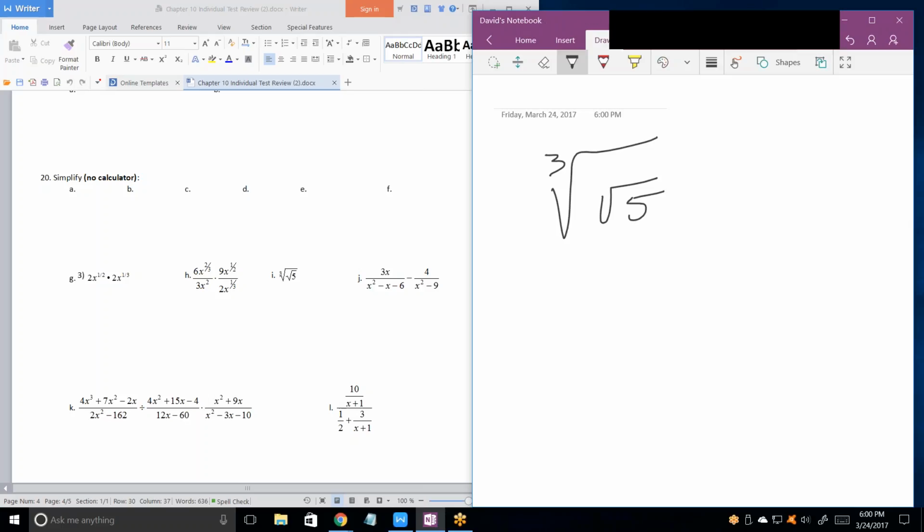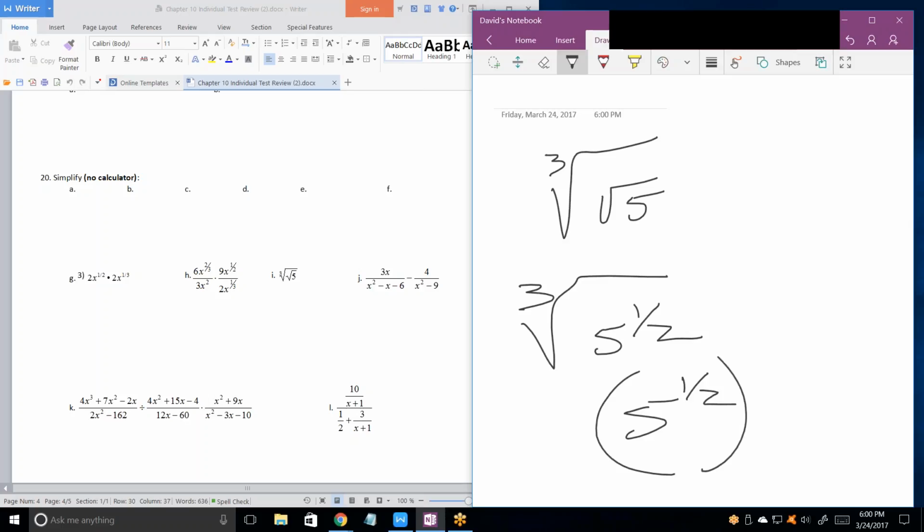In other words, square root of 5 is 5 to the 1/2. And then the cube root of 5 to the 1/2 is 5 to the 1/2 to the 1/3. Now you can apply the rules of exponents and you get 5 to the 1/6. That's what that thing simplifies to. The 6th root of 5.